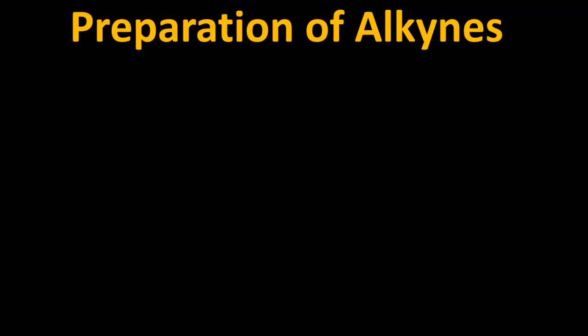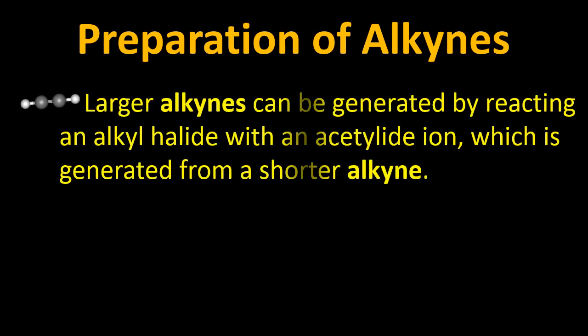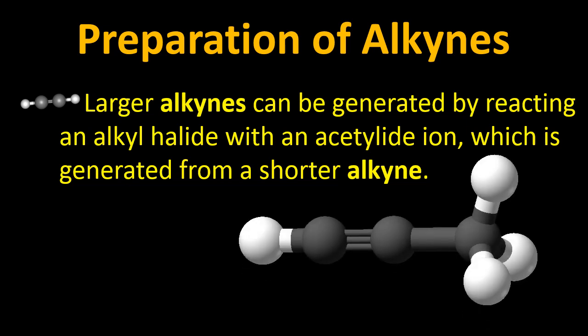How can we prepare alkynes? Preparation of alkynes: larger alkynes can be generated by reacting an alkyl halide with an acetylide, which is generated from a shorter alkyne. What does it mean?